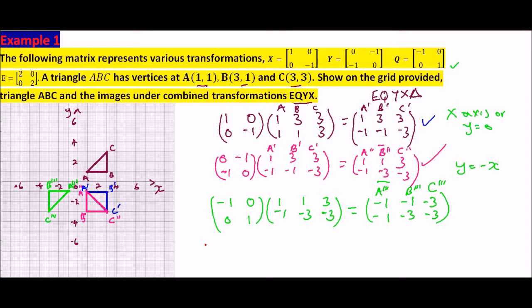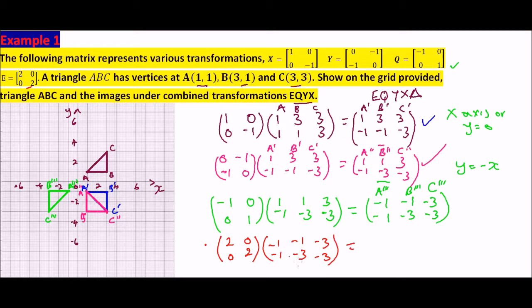Finally, we go to E. This is our matrix E here. So we are going to write the matrix of E, which is 2, 0, 0, 2. We multiply by our image, which is minus 1, minus 1, minus 1, minus 3, minus 3, minus 3.